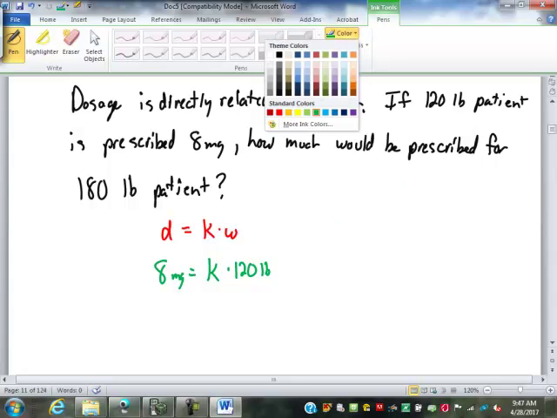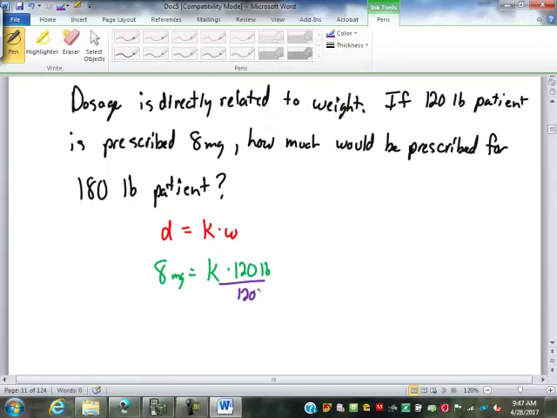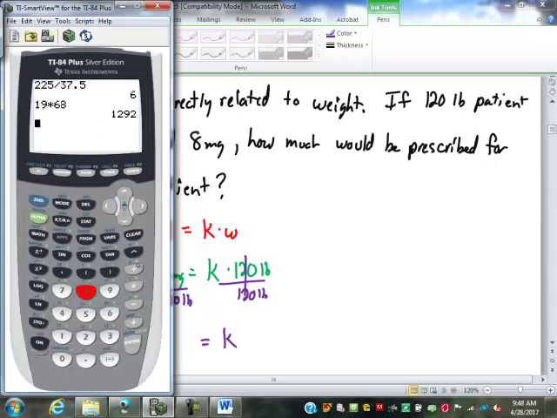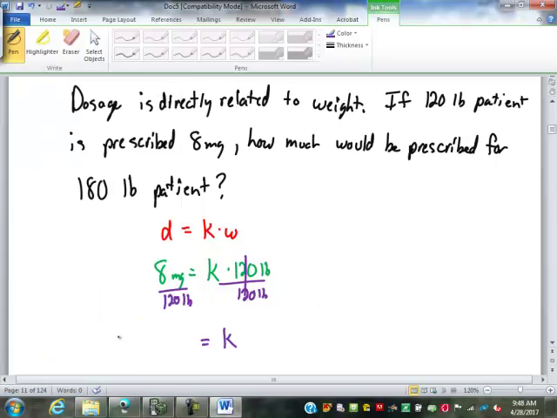So solving that, we'll divide by 120 pounds. K is equal to 1/15 of a milligram. I'll divide it out: 0.0667 milligrams per pound. Because that was milligrams divided by pounds there.